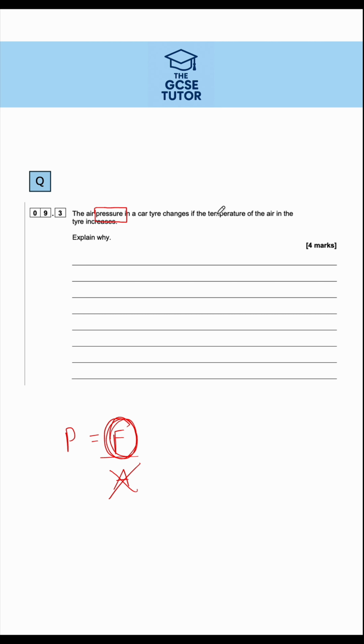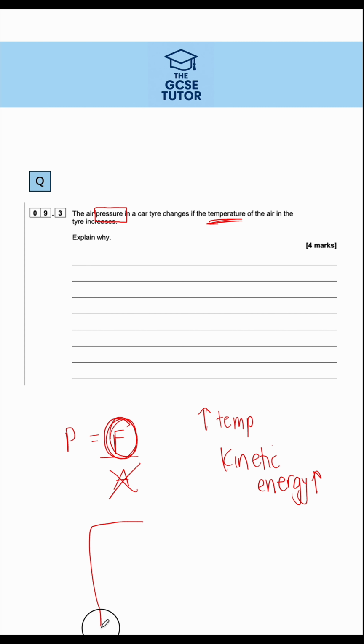Well, let's have a look what happens when we change the temperature. If we increase the temperature of any group of particles, the kinetic energy of those particles increases. So let's say this is the tyre, we have particles within the tyre.